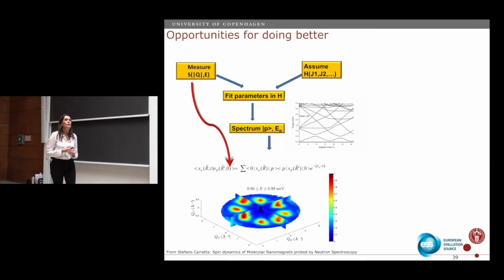Then there are other opportunities also for doing better. This is a beautiful set of data from IN5 on what we call molecular magnets. Molecular magnets are very beautiful and very simple systems because they are one dimensional. By being one dimensional, it is really possible to explain this data, assuming something in a theory that we know, fitting the parameters, and getting the spectra.